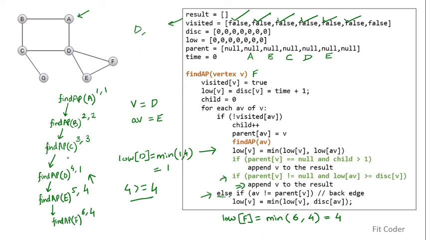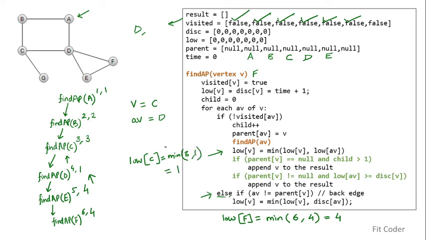From D we again backtrack towards C. So now V is C and AV is D. We are at this step. We calculate low of C, which will be the minimum of low of C, which is 3, and low of D, which is 1.